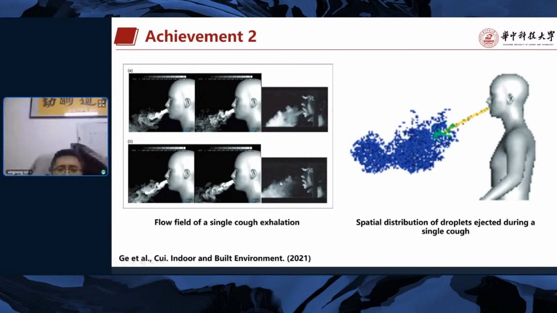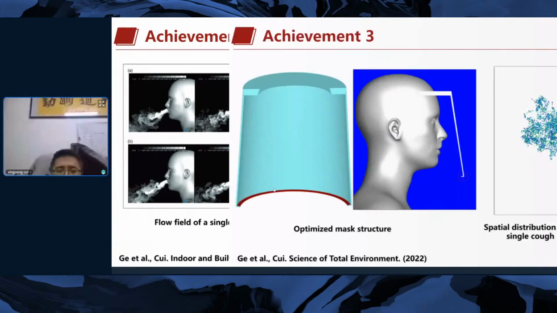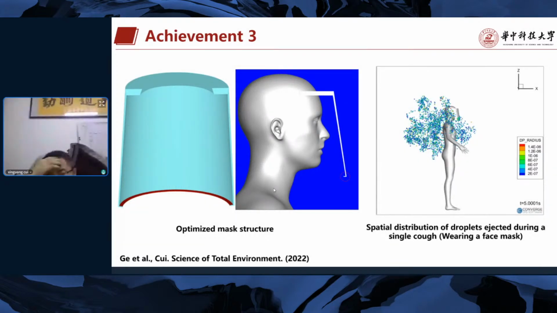We compared our simulation with the experimental study, and it's almost close somehow, but maybe here it is okay, and here maybe we need to do more work, as I think here is somehow different between our simulation and the experimental.